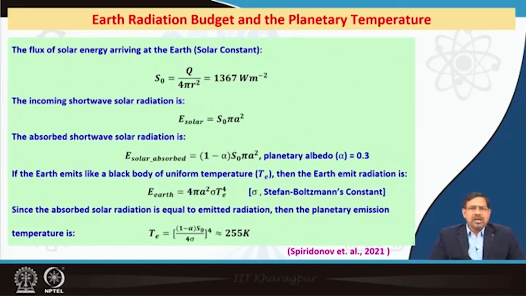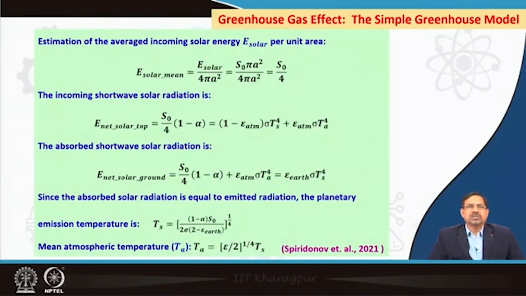Since the absorbed solar radiation is equal to the emitted radiation, the planetary emission temperature TE is expressed using this formula. I am not going into the details of this formula, but for the sake of our understanding of how the calculation is done, I have put it here to discuss with you.